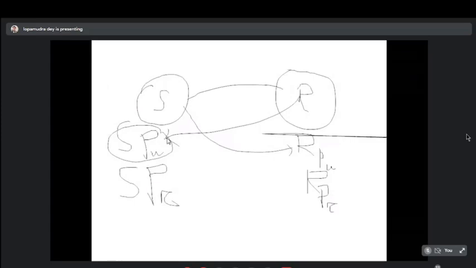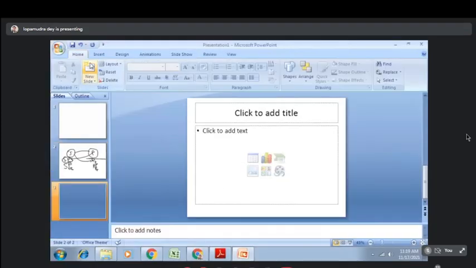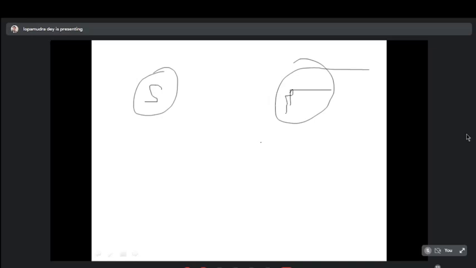Let's see this with the help of another slide. How does the communication take place? This is the sender, this is the receiver.